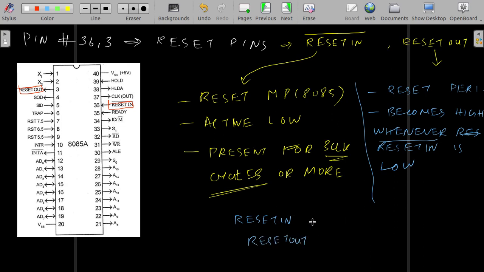Suppose this value goes to 1 and then to 0 for some time, then this will be 0 for this time, and once it goes to 0, it will go to 1, and when it goes back, or somewhere in between, it will go back to 0, like that. So if this duration is more than 3 clock cycles, the processor will be reset. That is the idea.